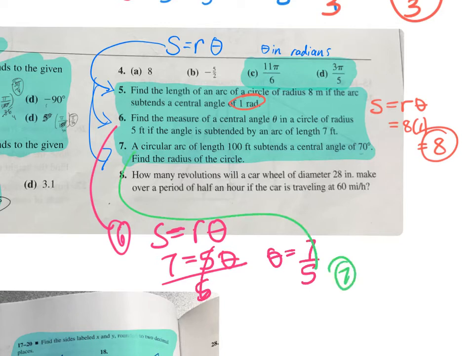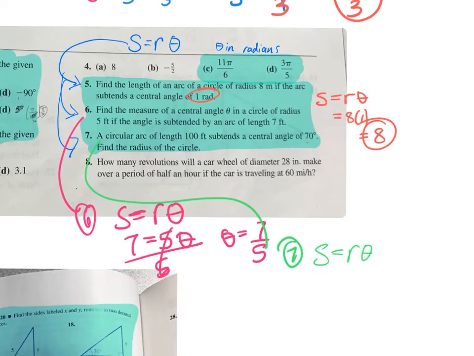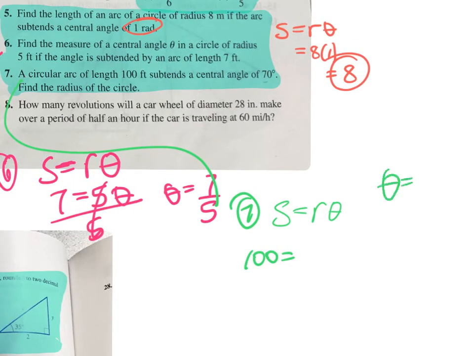If I look at 7, a circular arc length of 100 subtends a central angle of 70. Find the radius. Well, let's do it. S equals R times theta. What did they tell me? S is 100. What else did they tell me? Theta is 70 degrees. Can I use that right now?